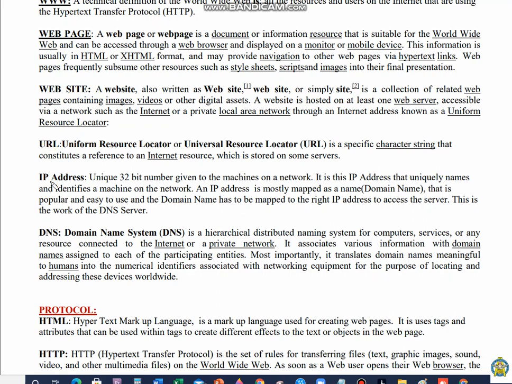Then IP address. This is important. We know internet is nothing but a combination of computers interconnected, connected through some media, wire, etc. So how do I name or identify each of these computers? Let's take an example. Let's say I have got computers.